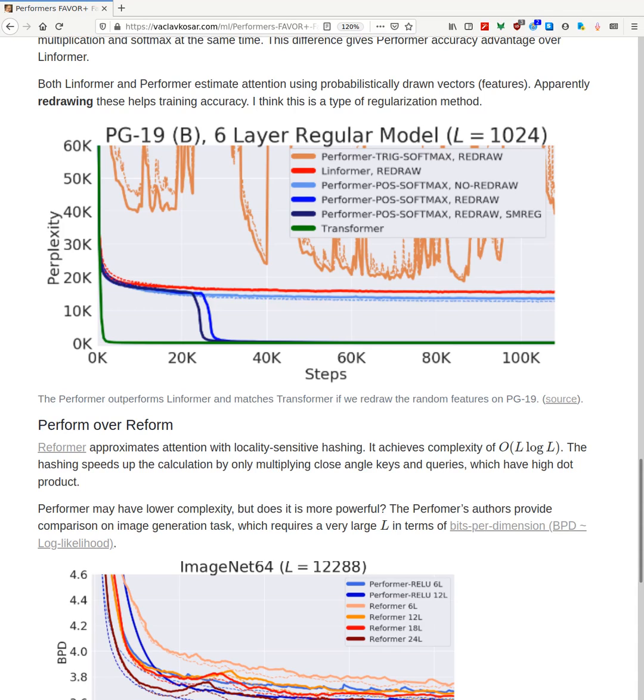So Performer is a little bit better than Linformer in terms of perplexity, but if you allow redrawing, as you did for Linformer, the Performer has this second rapid descent, which gives you in the end perplexity very similar to the original transformer, in contrast to the Linformer. So Performer outperforms Linformer.